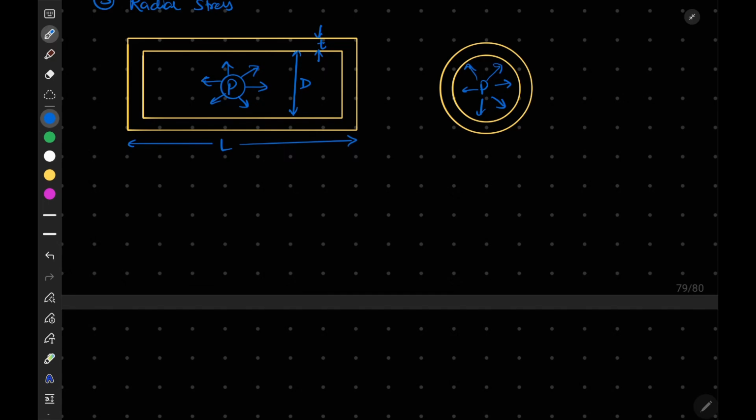Now if I want to show your longitudinal and hoop stress, I can show it like this. So at any point, if your internal pressure is more than your external pressure, your longitudinal stress sigma L will be shown like this. Okay, so this is your sigma L, this is your longitudinal stress.